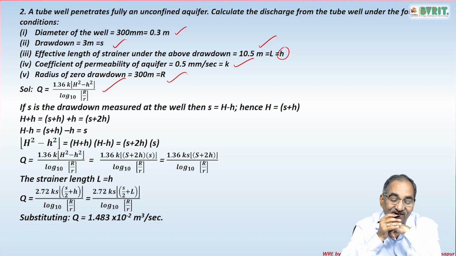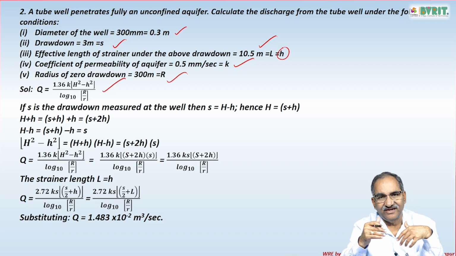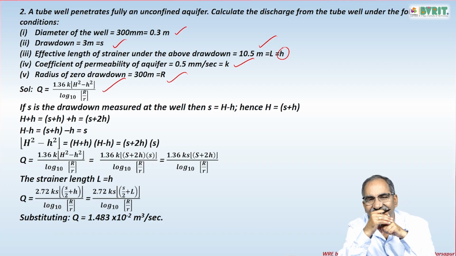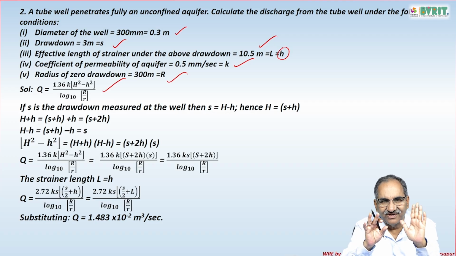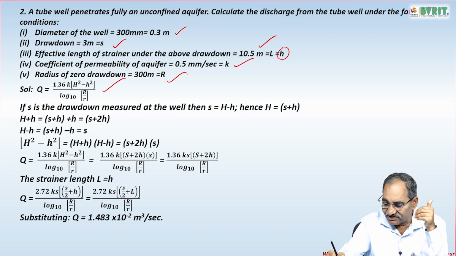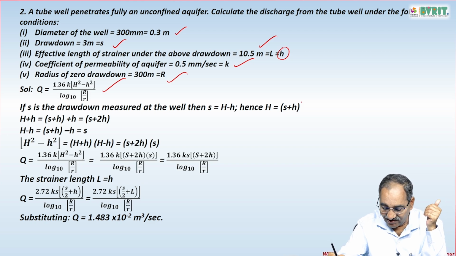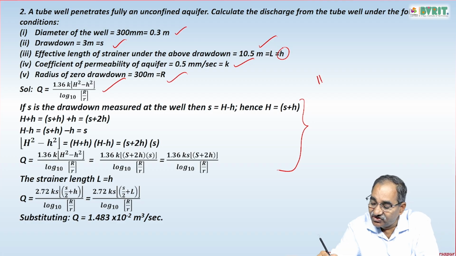So in terms of drawdown, he has given it. The length of the strainer is also given, which is nothing but small h, nothing to worry much about. So we have done some small manipulation here. Check what I have done. H is equal to S plus h.